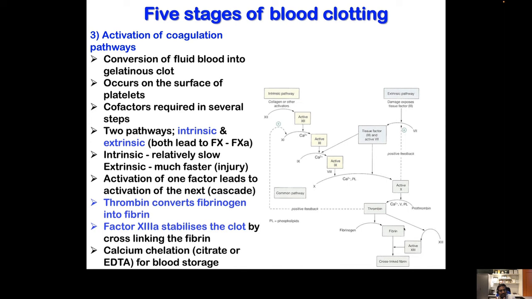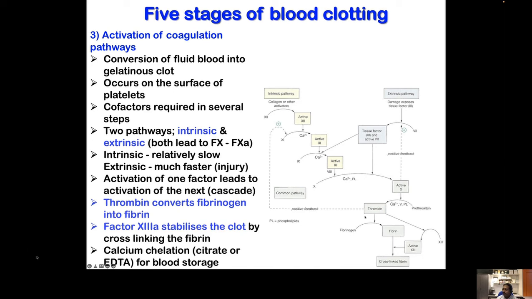Thrombin is activating platelets, converting fibrinogen into fibrinopeptides, and converting factor 13 into active form of factor 13. Factor 13 is the one stabilizing the clot by cross-linking the fibrinopeptide. And various clotting factors or cofactors are associated here, for example, calcium.